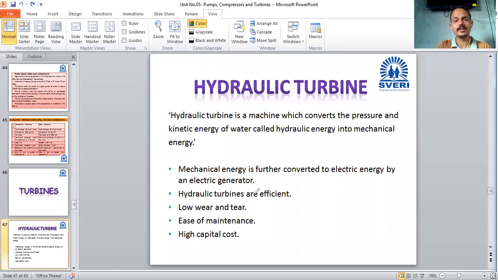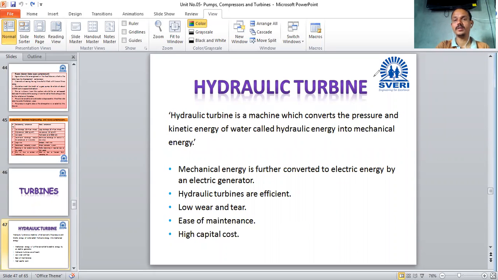Hydraulic turbines are efficient. As compared to the others, hydraulic turbines are efficient, with low wear and tear because there is no heat generation in these plants, and easy maintenance. Then high capital cost.